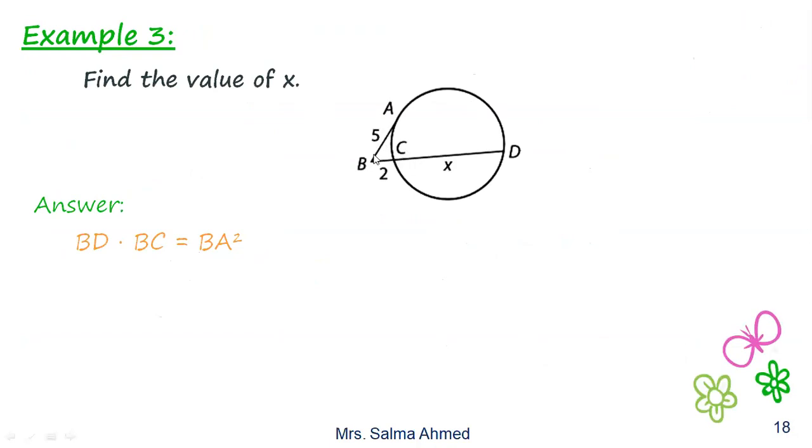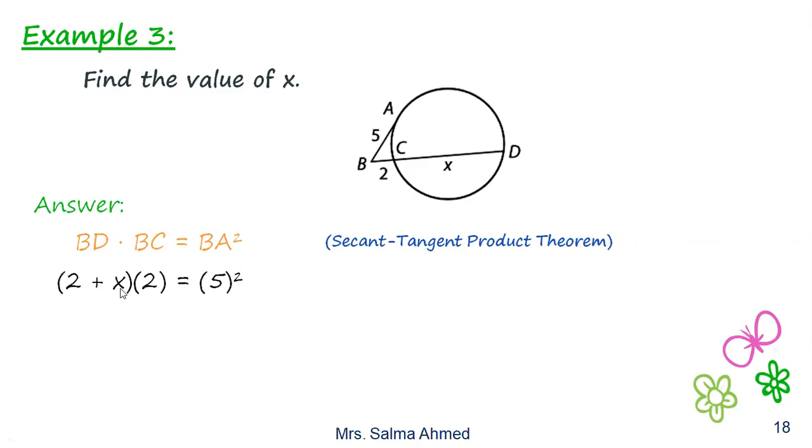This is the tangent. So I'm going to have BD, which is 2 plus x, in a bracket, times its external part, which is 2, equals 5 squared, which is the tangent.